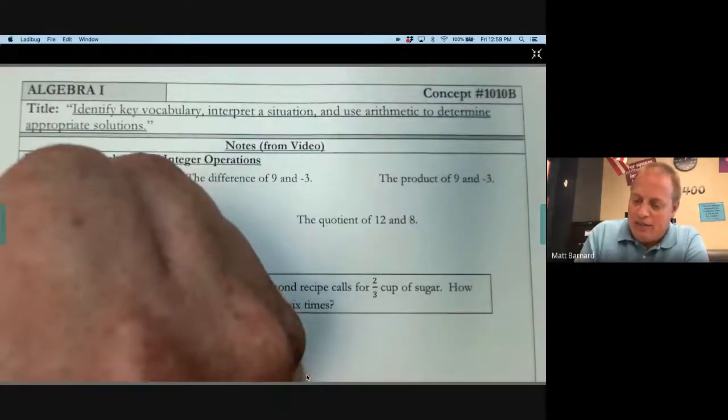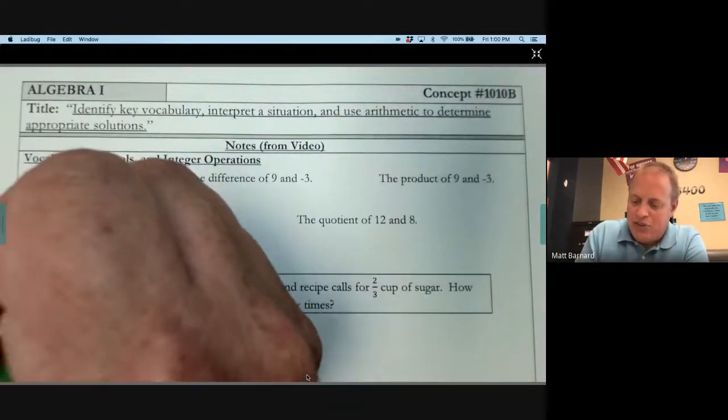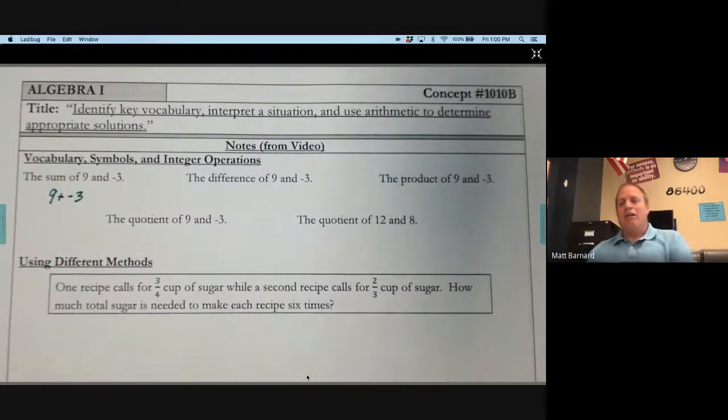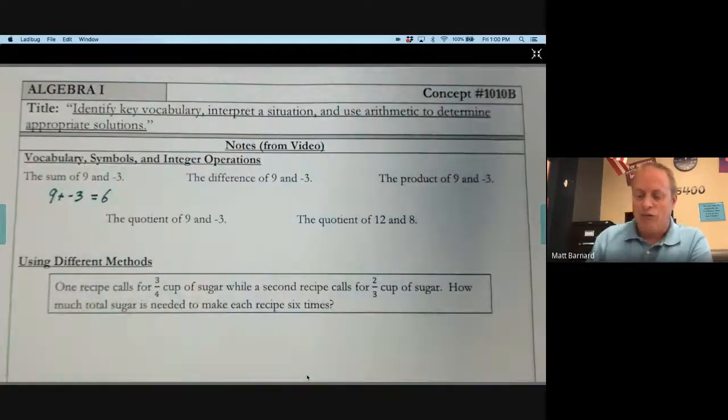So I could write this as 9 plus -3. Now, if I wanted to simplify that, and we'll talk about that word in the next video, I can add those together. So 9 plus -3 turns out to be 6. So I've written a statement for it, and I've actually figured out what the statement is equal to.